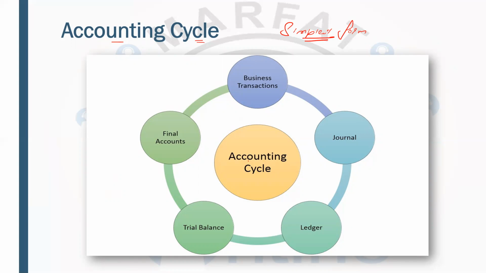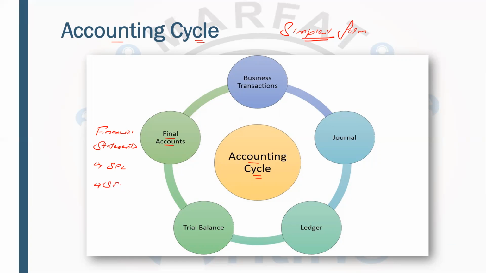Now, the accounting cycle means that ultimately we will be preparing the final accounts. Final accounts means the financial statements. Financial statements are the statements which show the financial performance and position of the company, such as the statement of profit or loss. It shows the profit or loss made by the company.